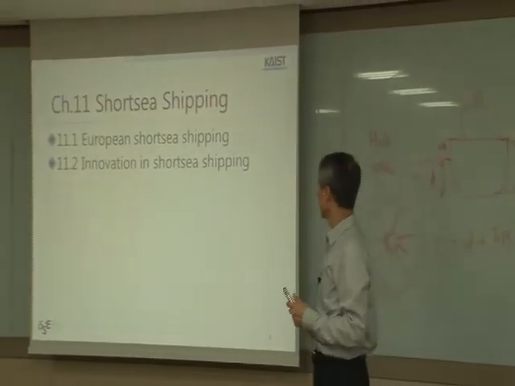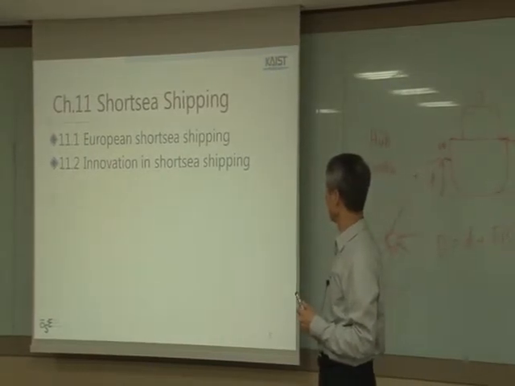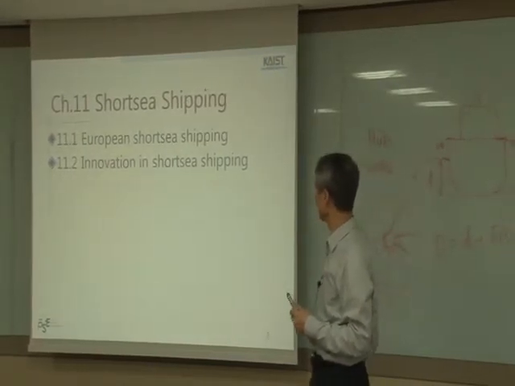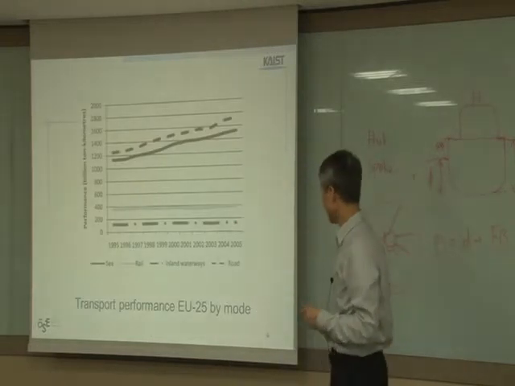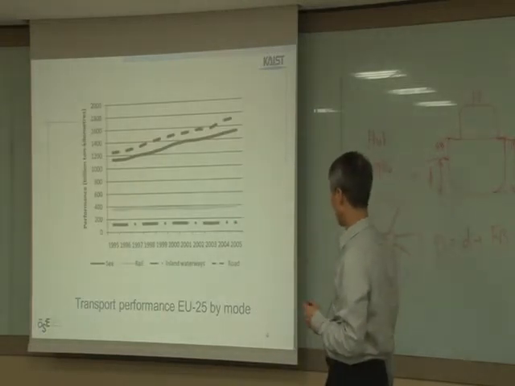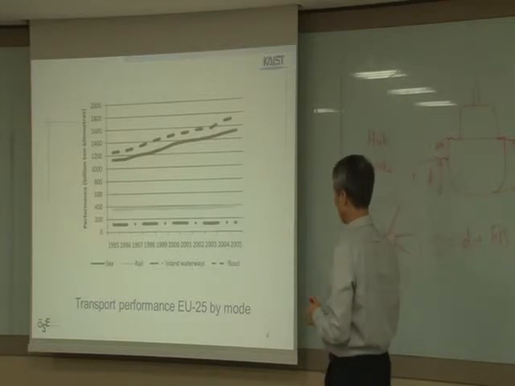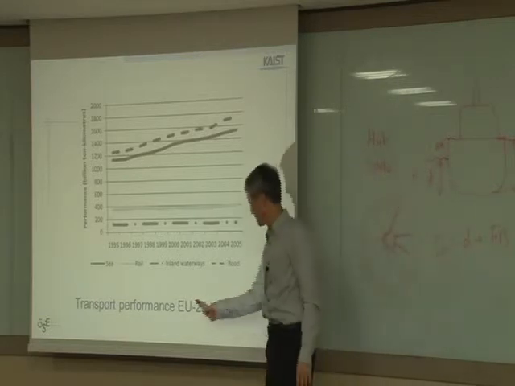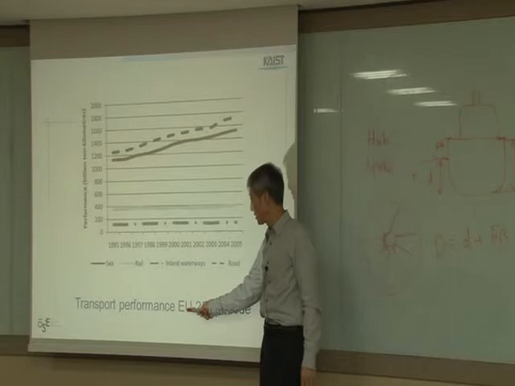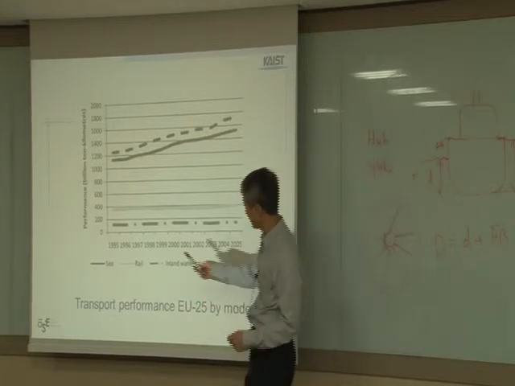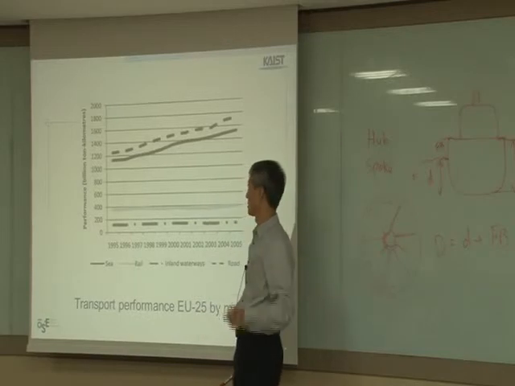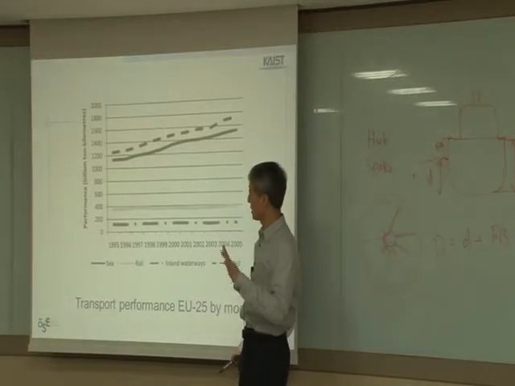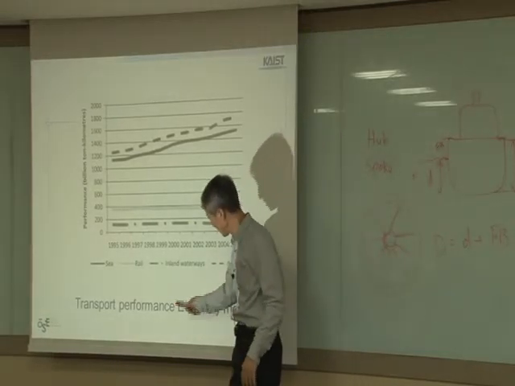So European short sea shipping, and what can be an innovation in short sea shipping? Transport performance inside the EU region. So it only deals with short sea shipping. This means only short sea, not long distance between continents, only inside Europe.